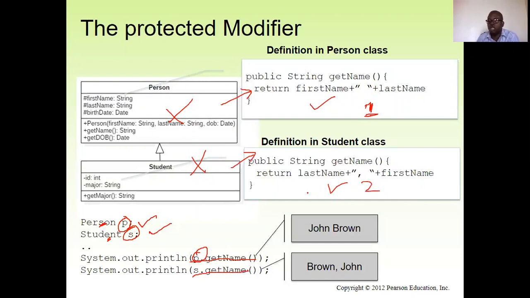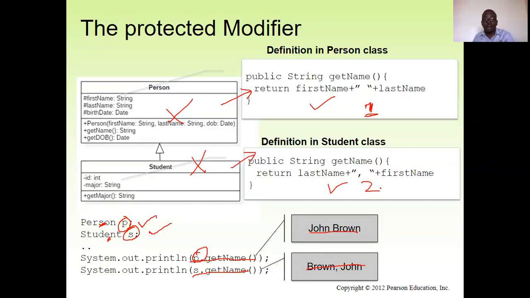Yes? Now, notice one prints John Brown and one prints Brown John. Bet you didn't see that. So one prints the first name followed by the last name, the other one prints the last name followed by the first name. So this is how you could think about it. Let us say that we have an application and in some cases you want to print out the name in alphabetic order, last name first, then first name.